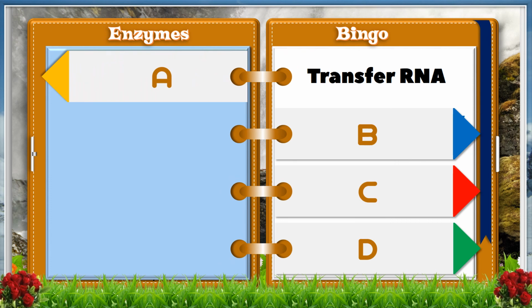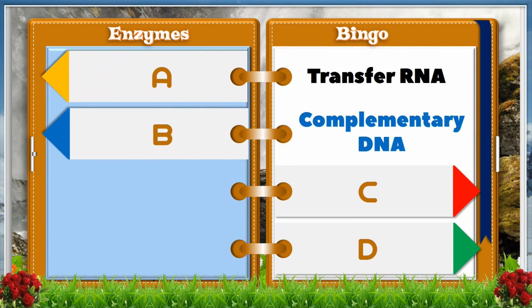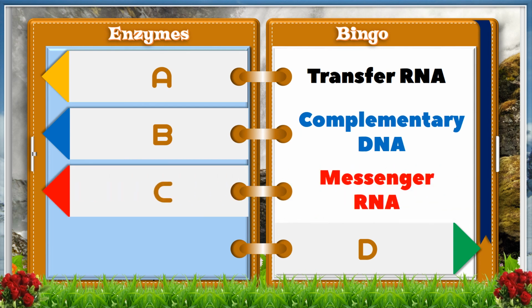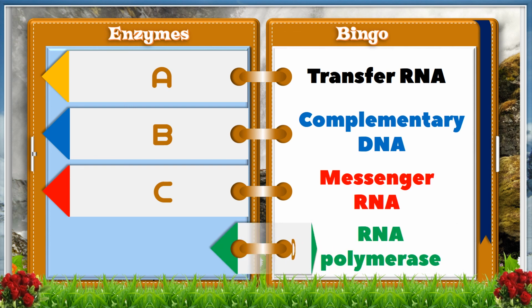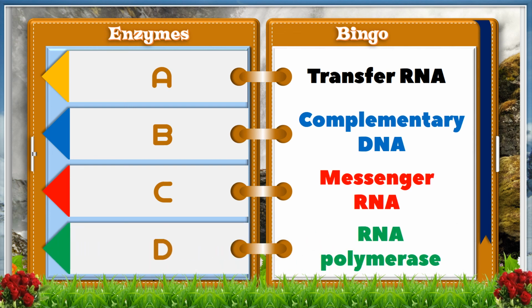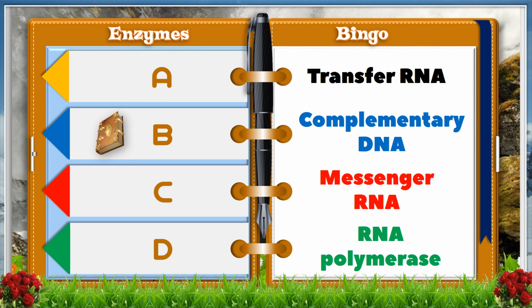B. Complementary DNA. C. Messenger RNA. D. RNA polymerase. And the answer is B. Complementary DNA.